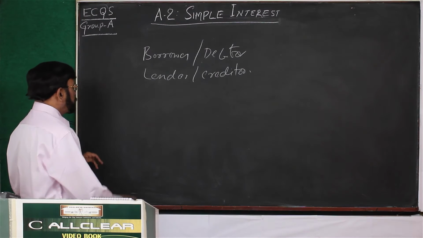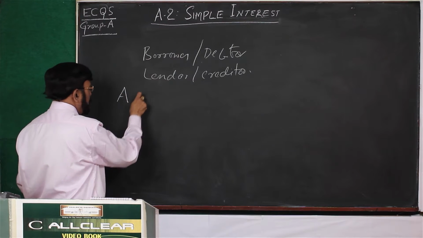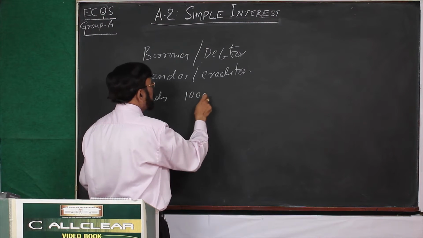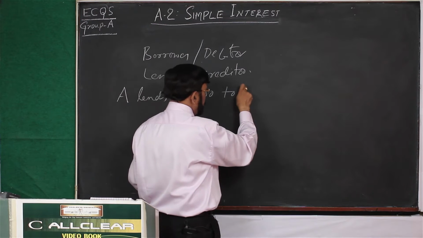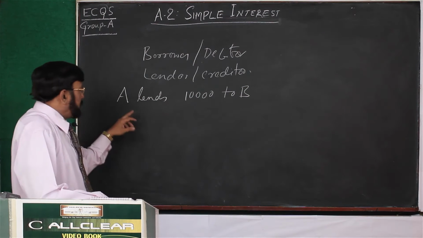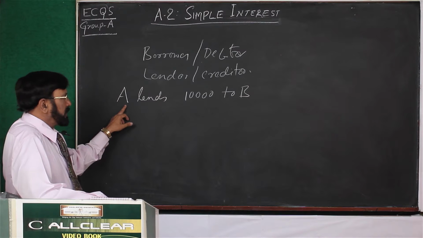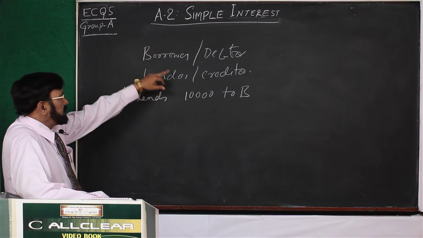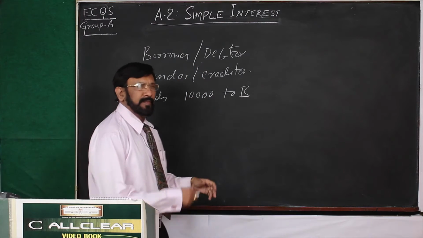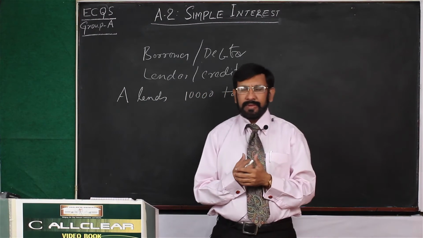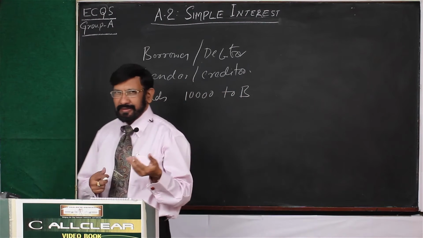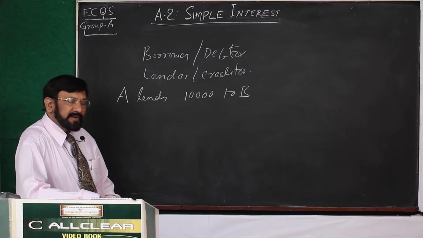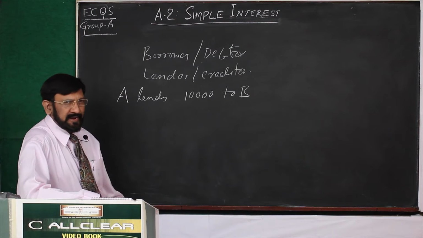Now, for example, A lends 10,000 rupees to B. Then A is the lender or creditor who gives the loan and B is the borrower or debtor. Normally, the lender expects a consideration for giving his money to the borrower. That consideration is called interest.